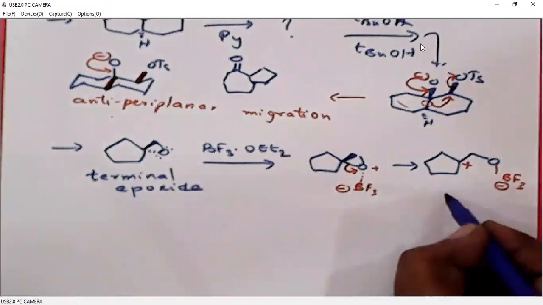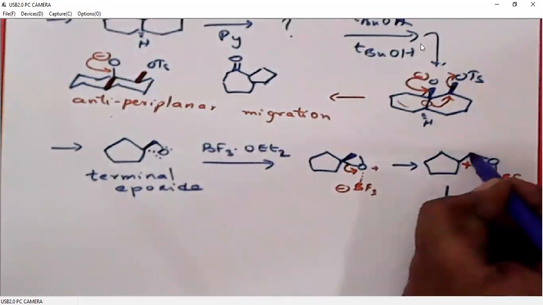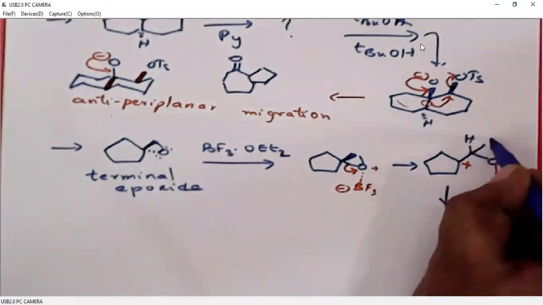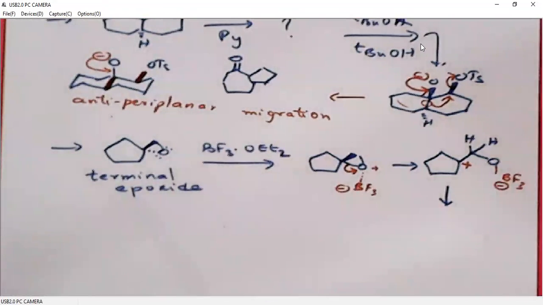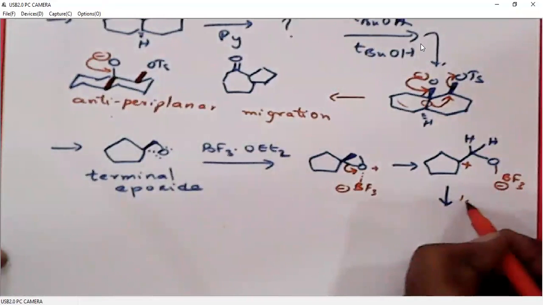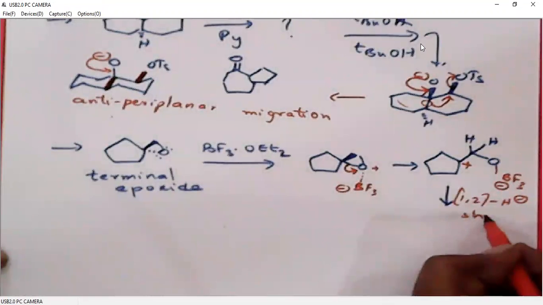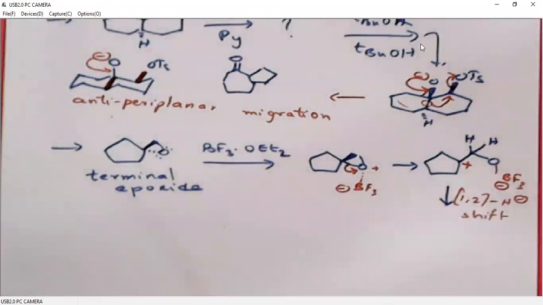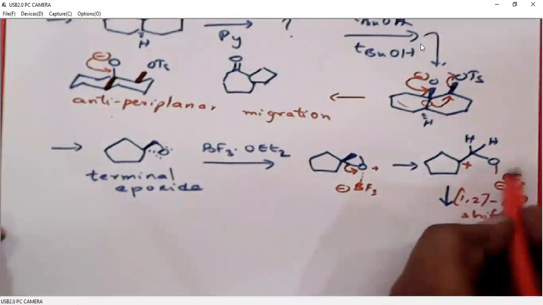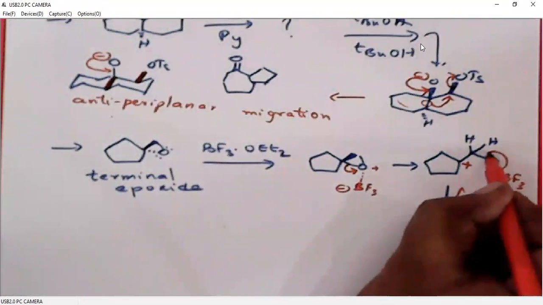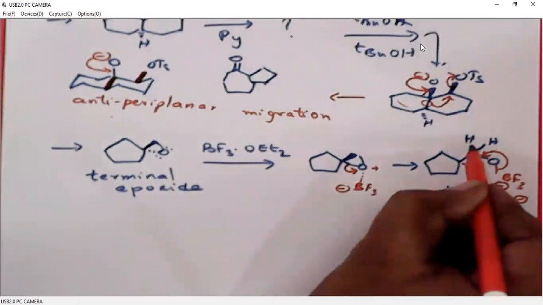Right. So from this carbon, we have two hydrogens. Here, the 1,2 hydride shift, the 1,2 hydride rearrangement, will occur. So that generates the carbonyl.